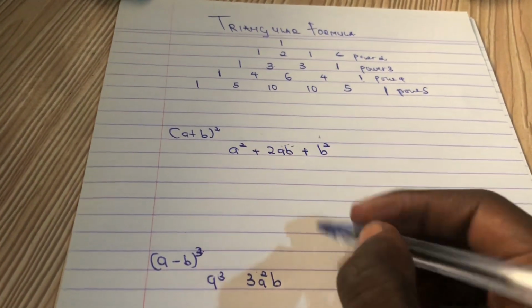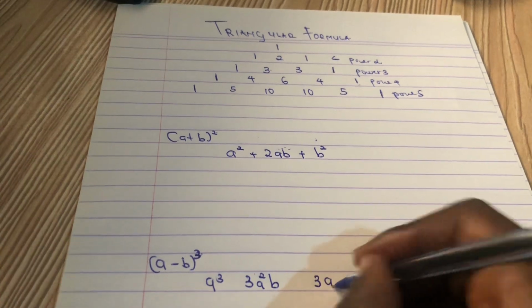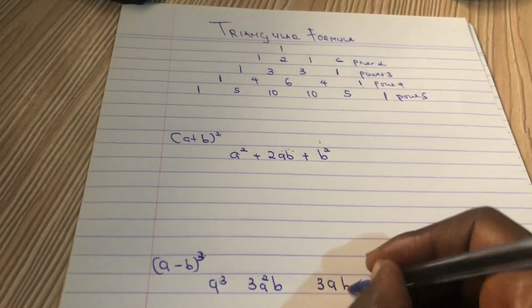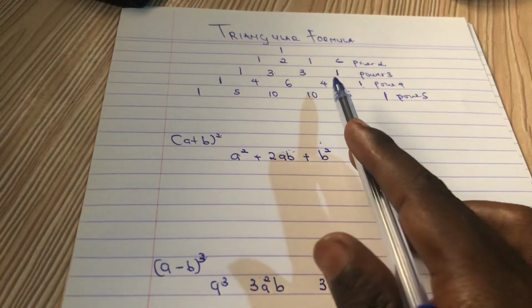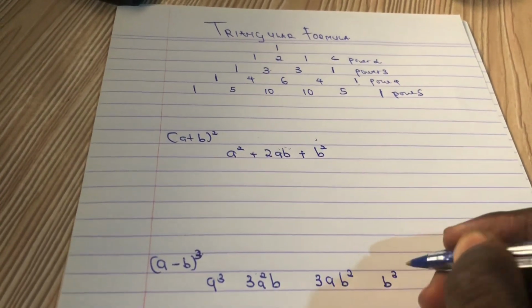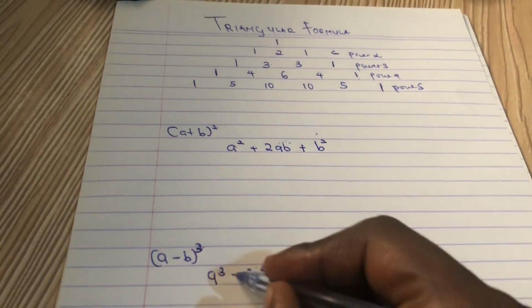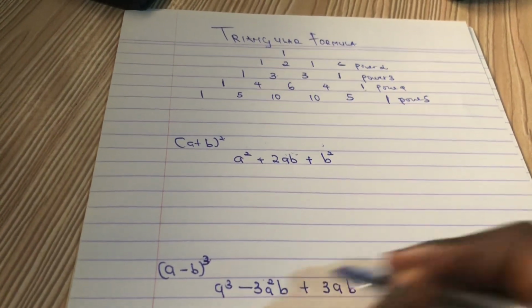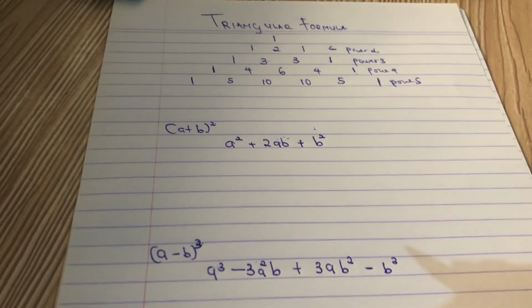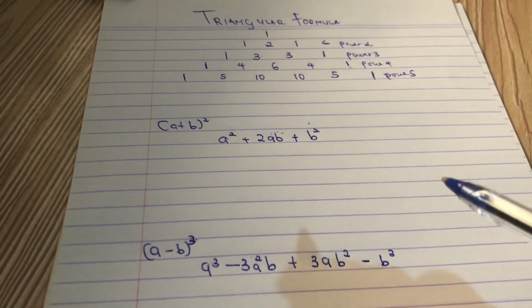Next we have 3. Now a reduces to the power 1 and b gains to the power 2. Then the last one is a 1, so it will be b to the power 3. But if we have a negative here, the first one will be a positive, the next one a negative, next one a positive, the next one a negative. That's how it works out in case you have a negative.